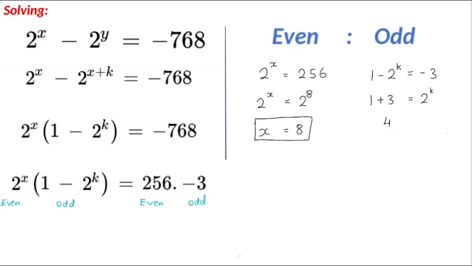We can also say 4 is equal to 2 to the power of k. Convert the 4 into 2 to the power of 2, so we have the same base. And again, we can compare exponents as we have the same base, so the values of the powers can be equated. So 2 is equal to k is our second answer.